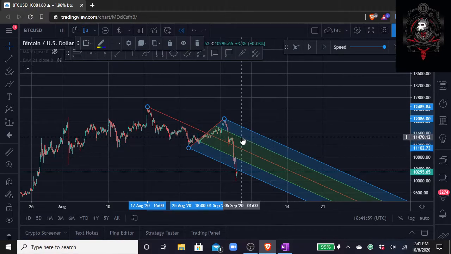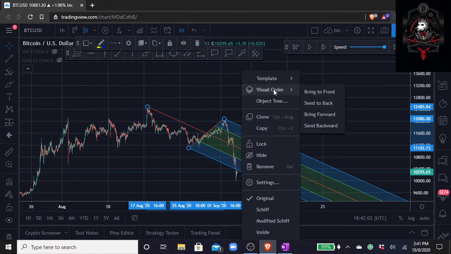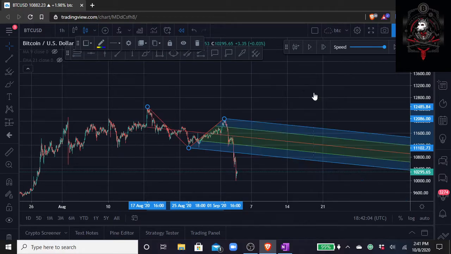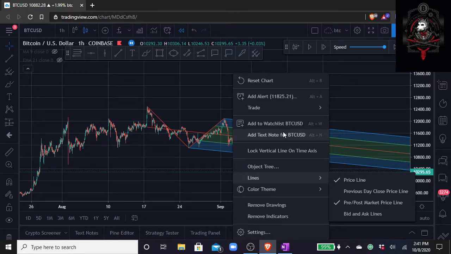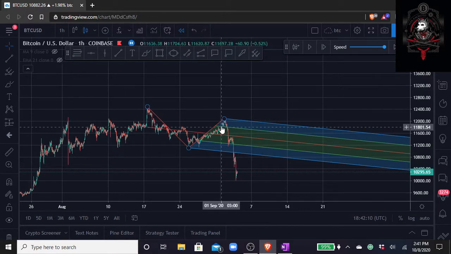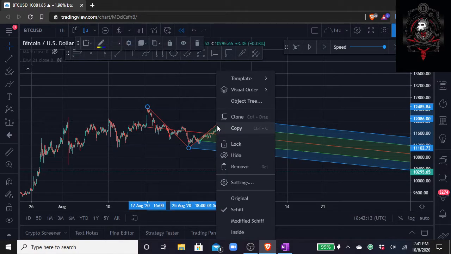See, even the original visual order template. Wonder why my template is not working.